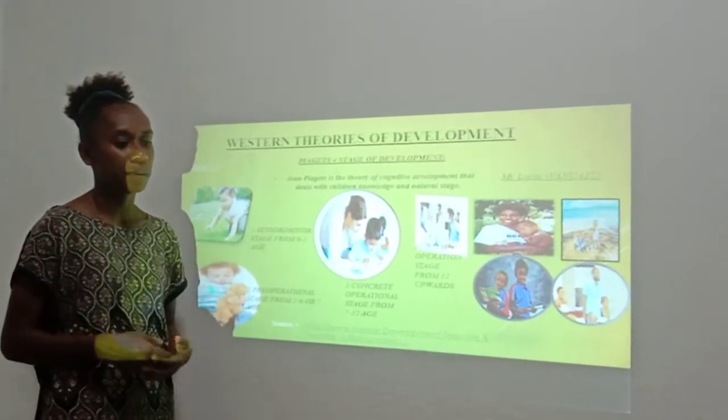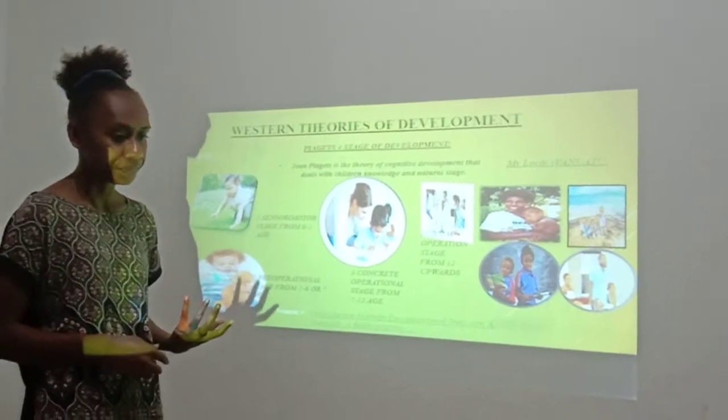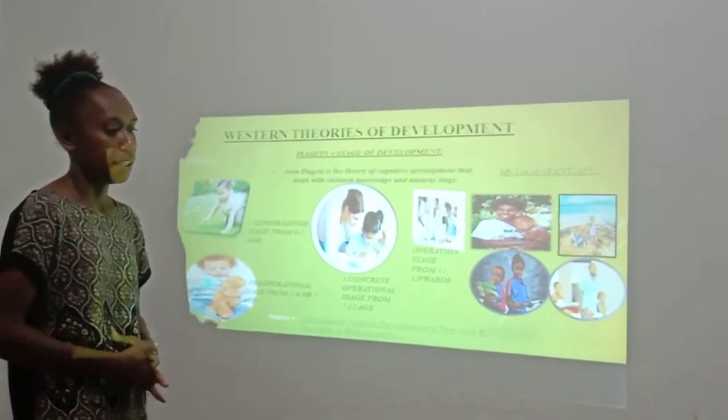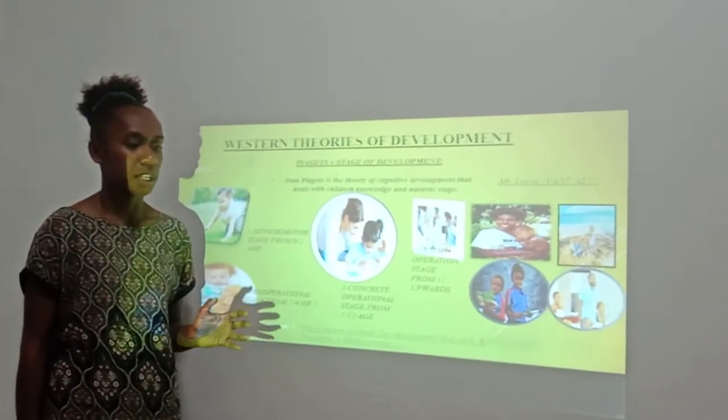Concrete is when a child begins to differentiate two variables that make him or her think beyond what is put or learned, which changes the appearance.